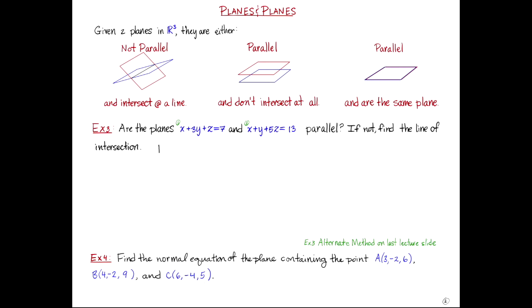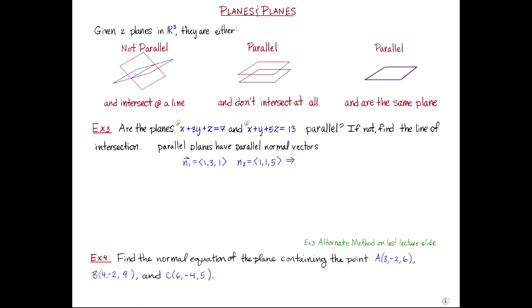We know that parallel planes have parallel normal vectors. Checking to see if these two planes have parallel normal vectors, the normal vector of our first plane is 1, 3, 1, and the normal vector of the second plane is 1, 1, 5.